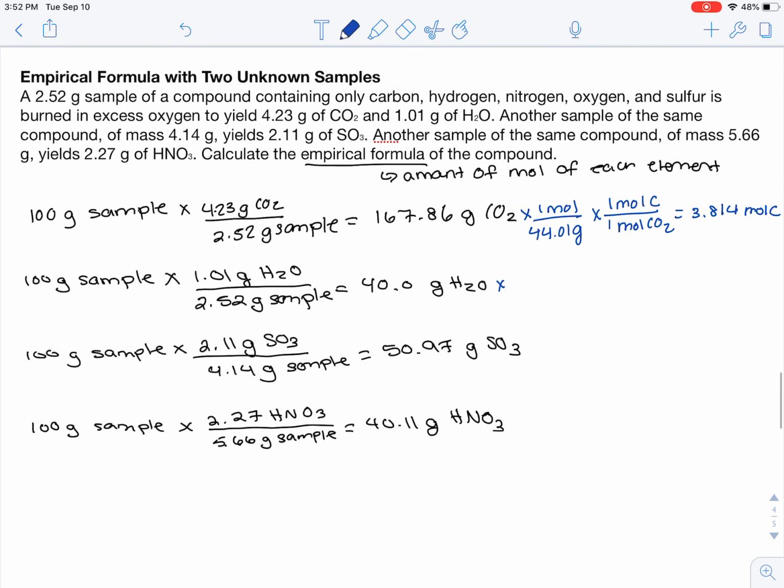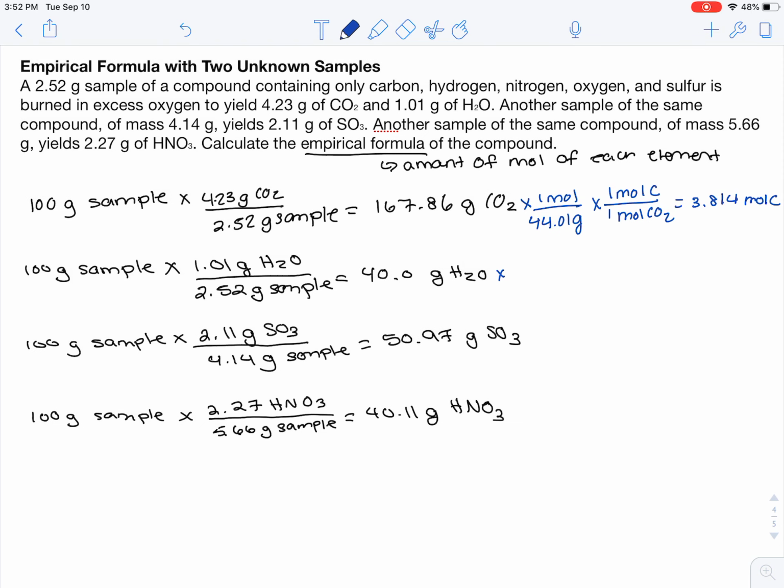Water can be used to find the amount of hydrogen. We find that there's 2.225, then times 2, so 4.45 moles of hydrogen.